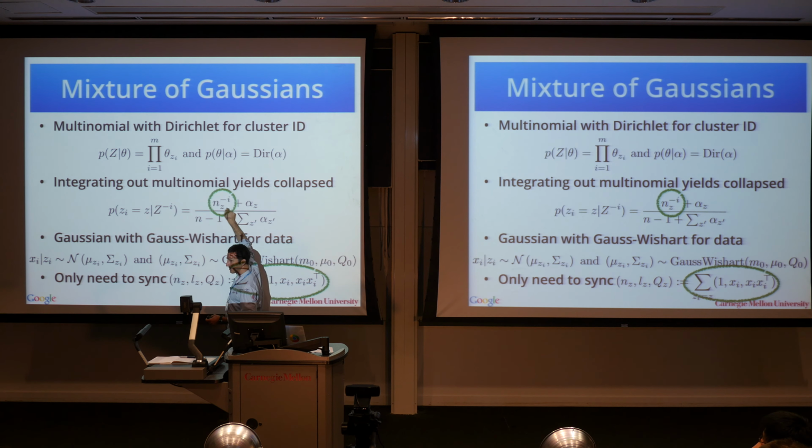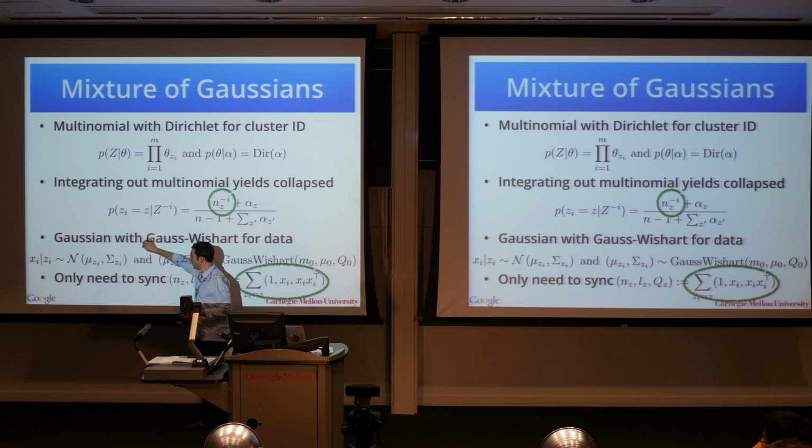So this is the only statistic that I need to synchronize between different machines in order to know how popular a cluster is. I don't need to know which cluster specifically was selected for which document. I only need to know this in total. So that's this quantity here.